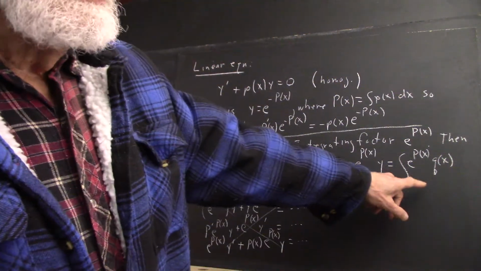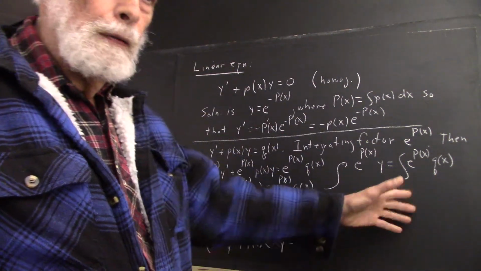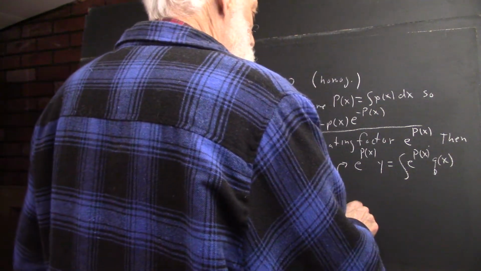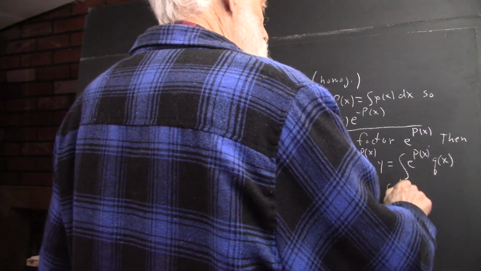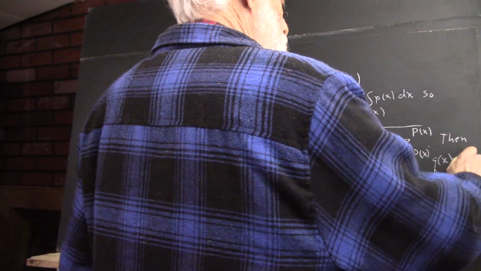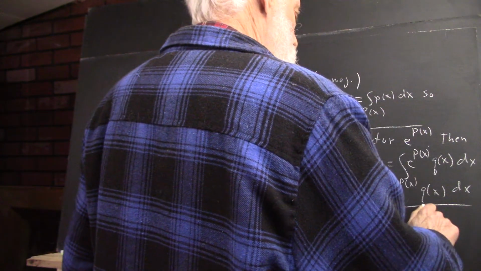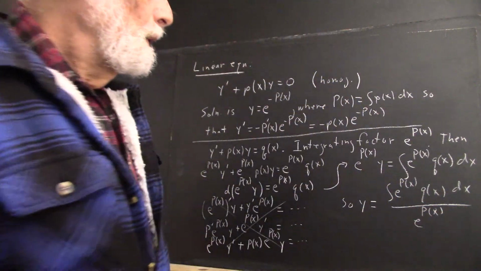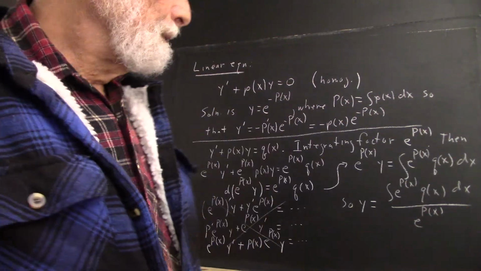You're going to get an integration constant over here. If you can perform this integral, and you often can, then y equals, I'll put a dx in there, equals this, where again, this is going to be an integral with an integration constant.